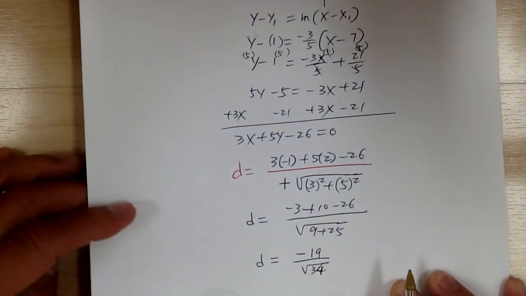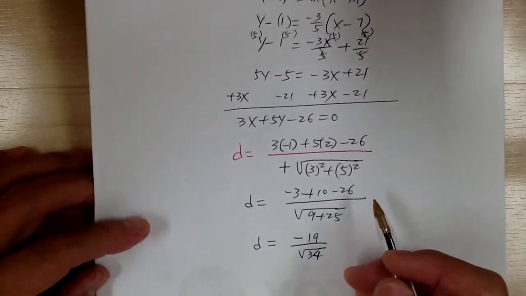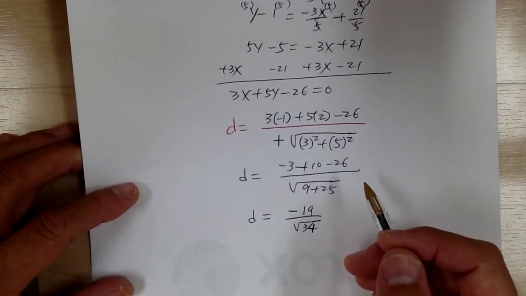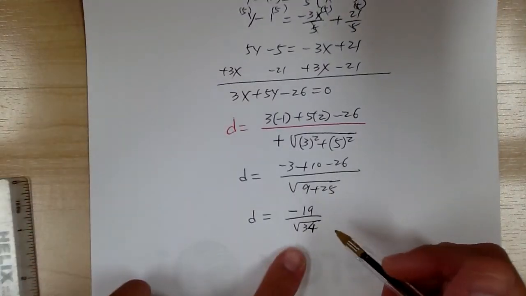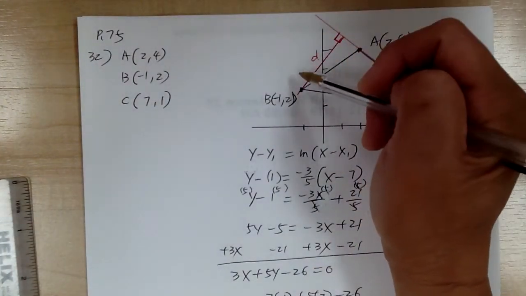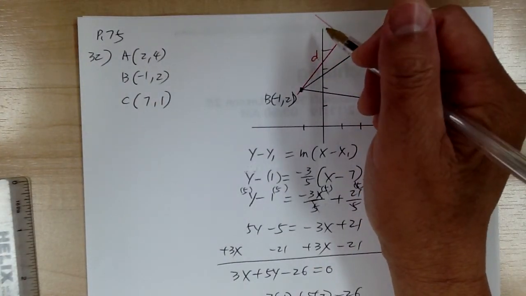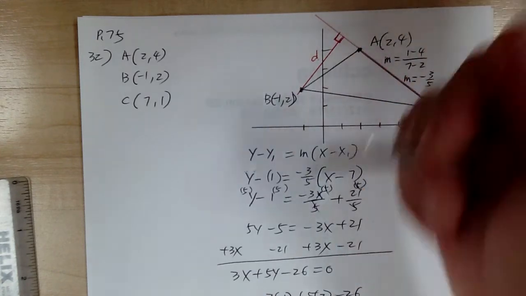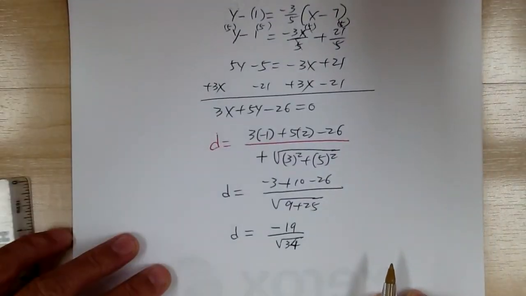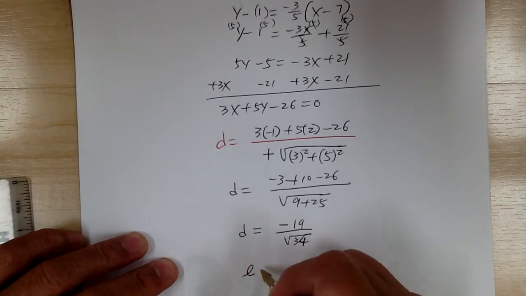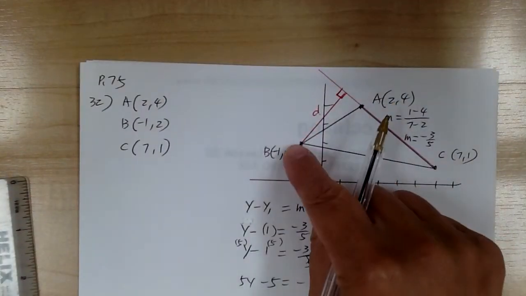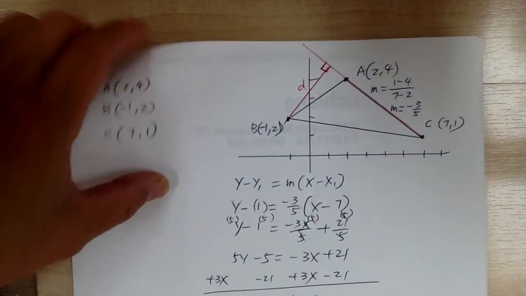Now, the next thing. You have to pay close attention to what they ask for. You're looking for the length, so the length is positive. So the length from here to here is the distance's absolute value.